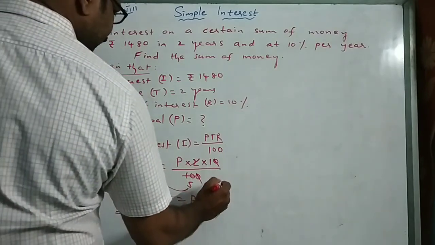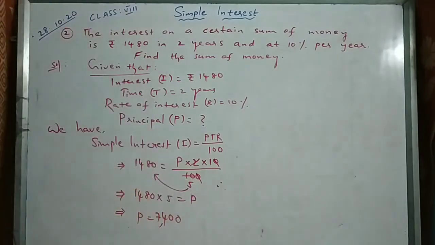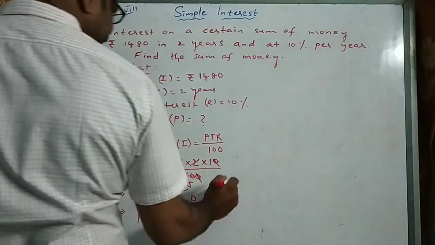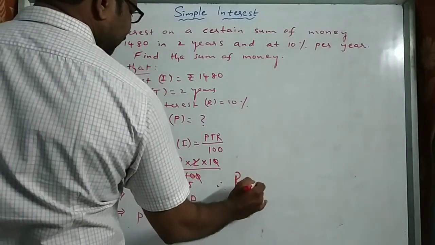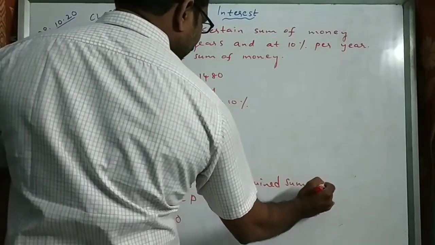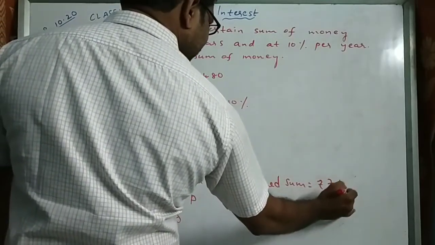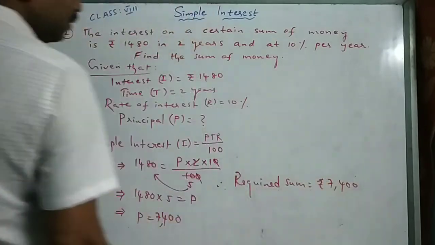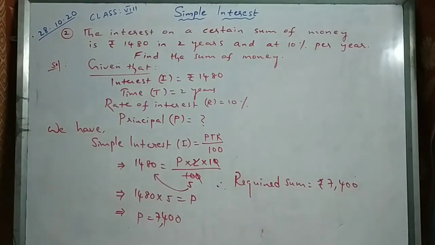Therefore, the required sum, means the principal amount, is equal to rupees 7400. So by using this formula, we can find the missing quantity also. Just try to understand that concept, okay?